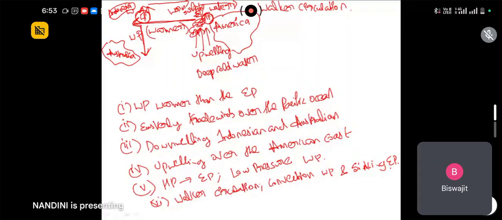If there is a sinking motion, it mostly shows clear sky conditions. It is very difficult for clouds to form when a strong sinking motion is actually present near the surface. So the upward motion generally indicates the formation of clouds and rainfall.